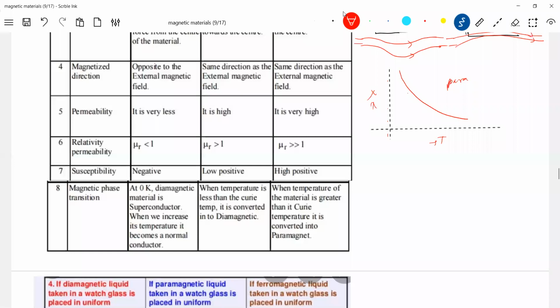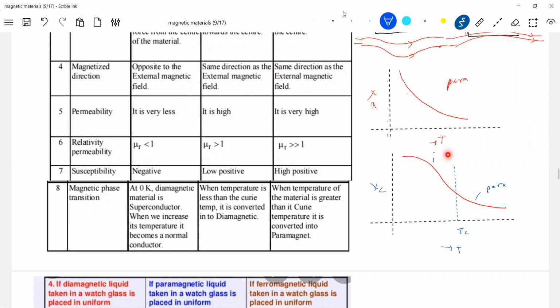Now if I plot the paramagnetic, ferromagnetic, the curve will be this. This is called the Curie temperature. This is the ferro, it will become para. The ferromagnetic substance, as you increase temperature, at one point called Curie temperature, will become a paramagnetic substance.